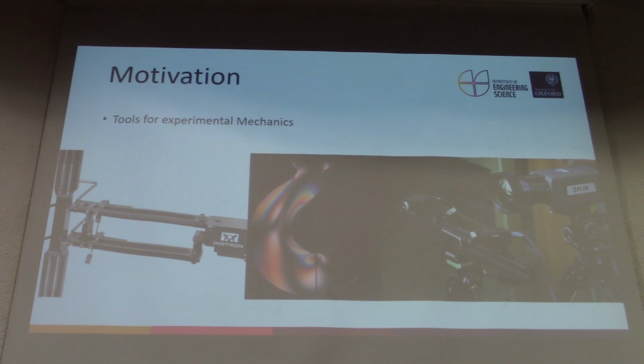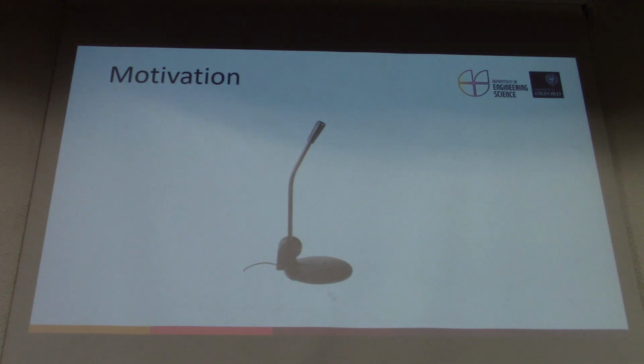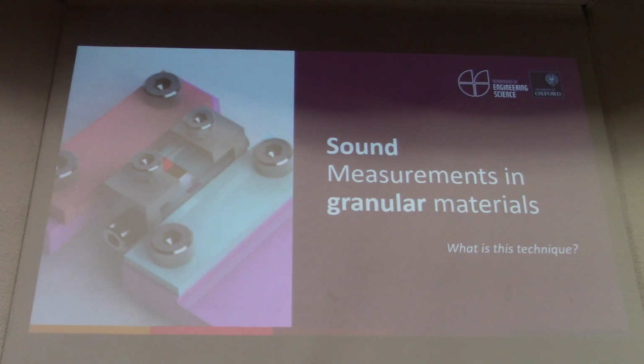In our case, we wanted to take advantage of the fact that when materials break, they normally emit sound. And so the piece of equipment that we would use in order to capture this would be this very highly technological microphone. It's just a normal PC microphone.